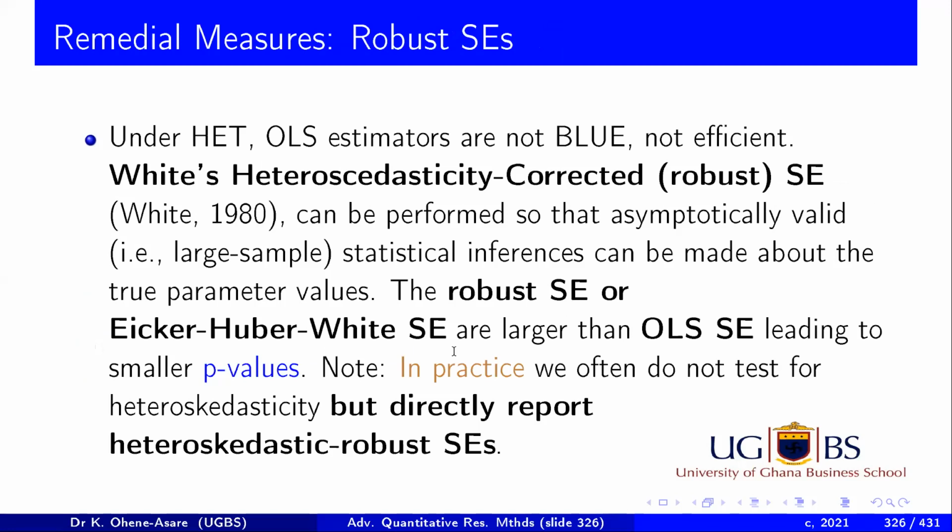It is known as the Newey West robust standard error. But one way to solve the heteroskedasticity problem is using the White heteroskedastic corrected robust standard errors. I told you there are different strange names for it, but you don't have to worry. It was pioneered by White in 1980.